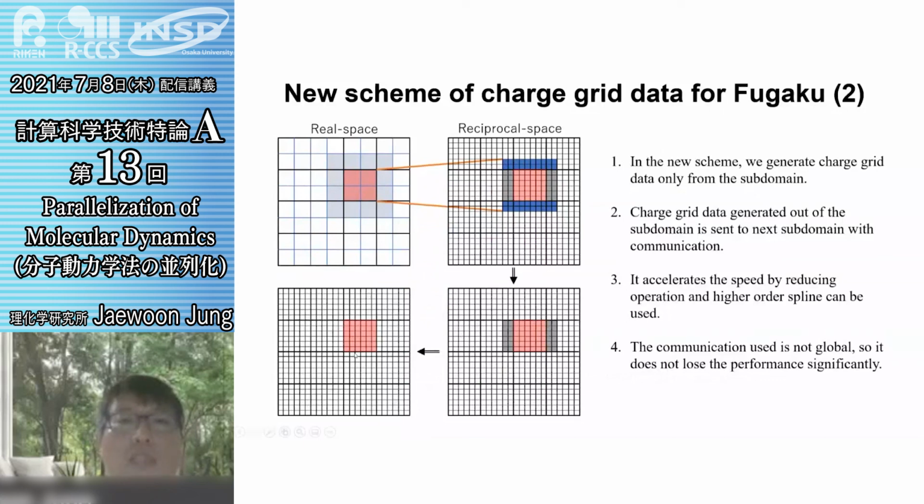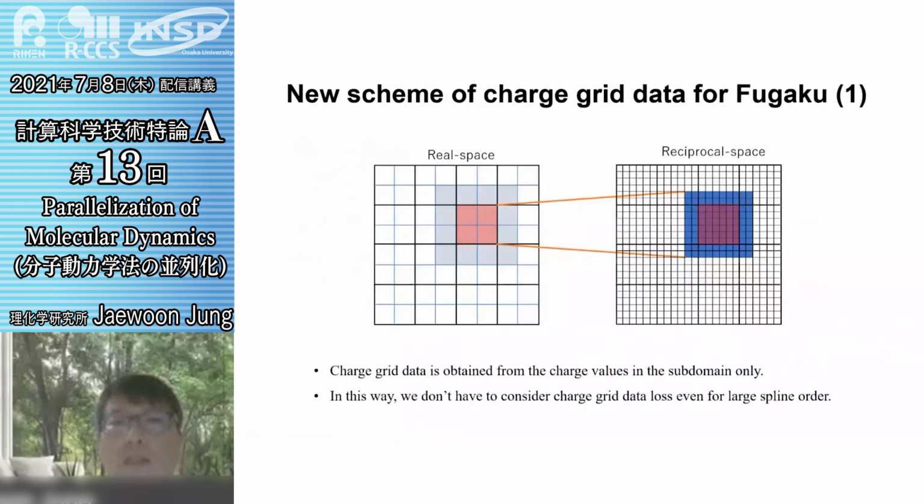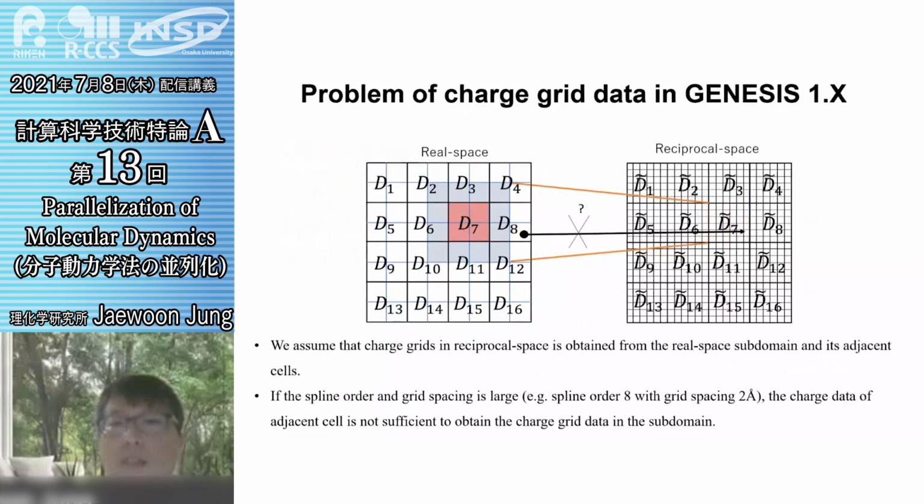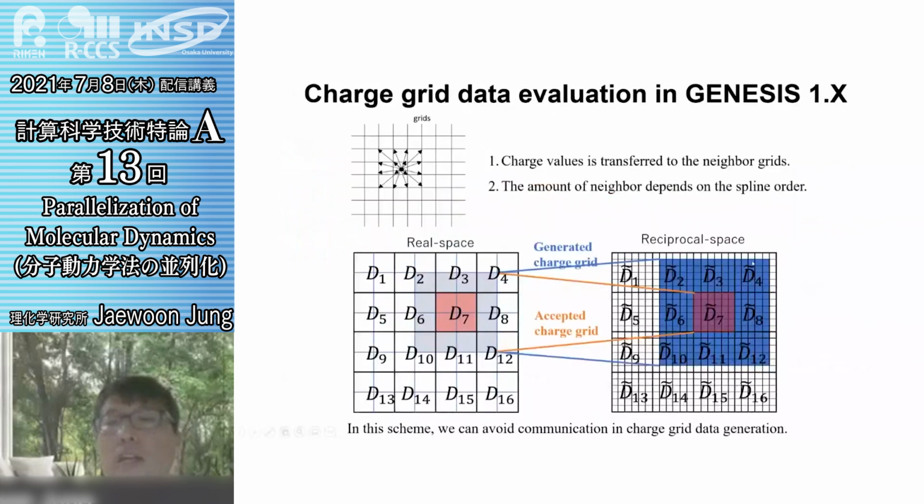So in this case, communication is necessary, but the communication is very local. And in previous cases, in fact, generating a very large number of charge grid data and discarding it is time-consuming.